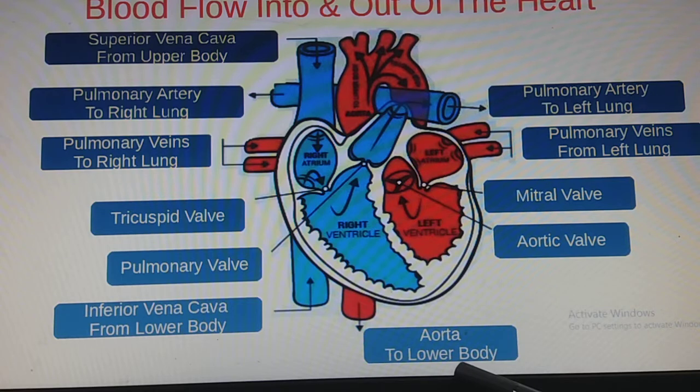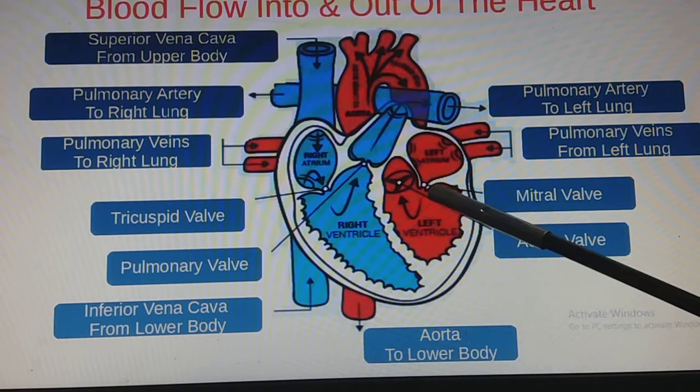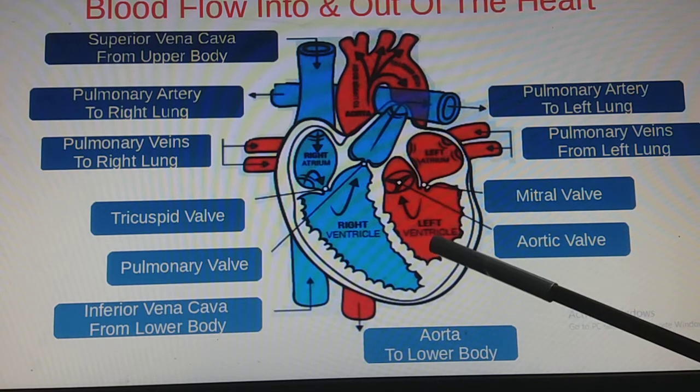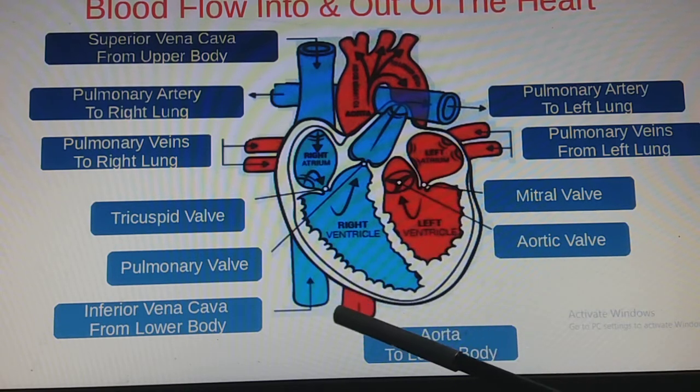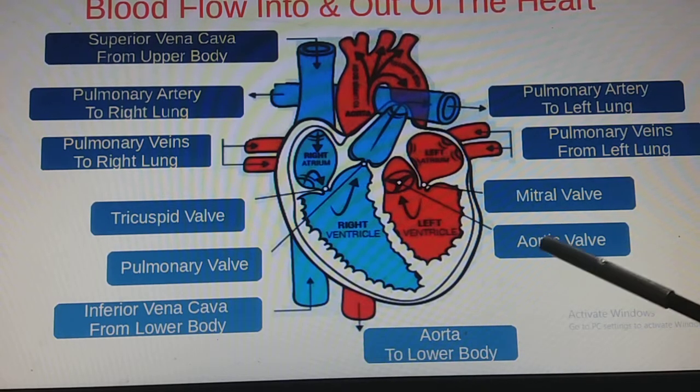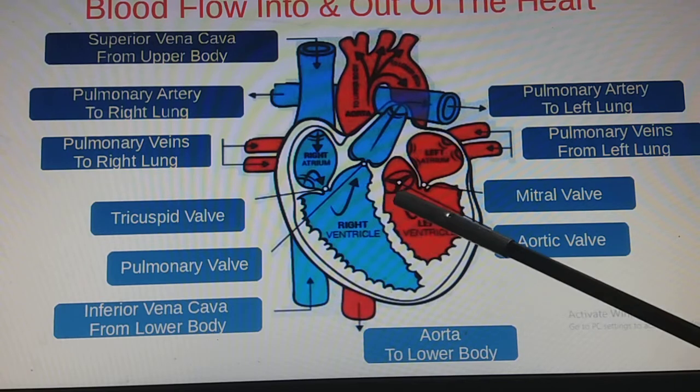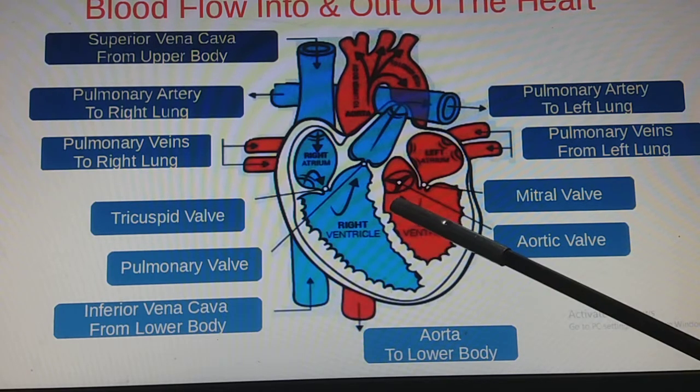The aorta to the lower body is connected with this left ventricle. Fine. When the oxygenated blood is going to be supplied to the body, the aorta helps in this process. The aortic valve is connected with the left ventricle.